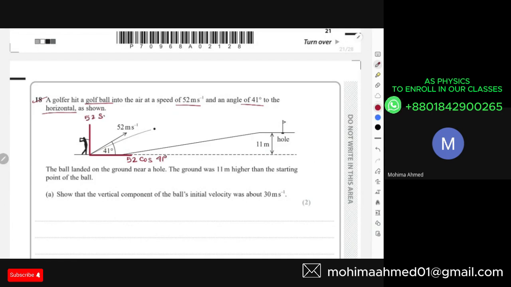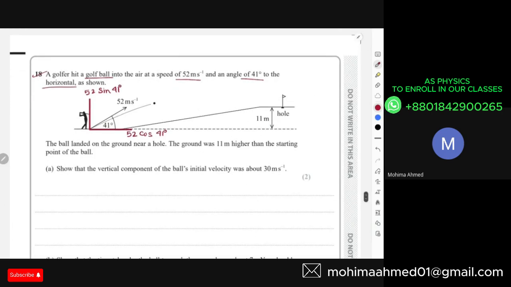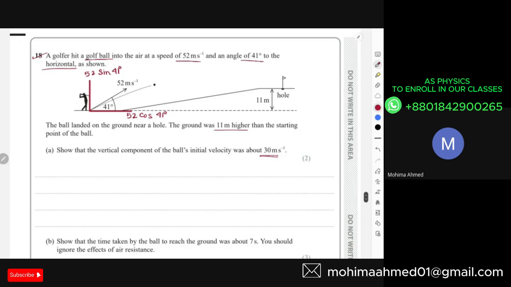Yeah, this is it. The ball landed on the ground near a hole. The ground was 11 meters higher than the starting point of the ball. Okay, and show that the vertical component of the ball's initial velocity is this. This is just 52 sin 41 they're asking you. So you have to calculate 52 sin 41 using the calculator.